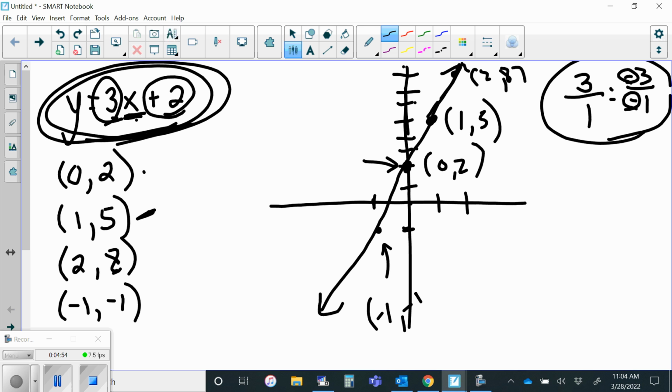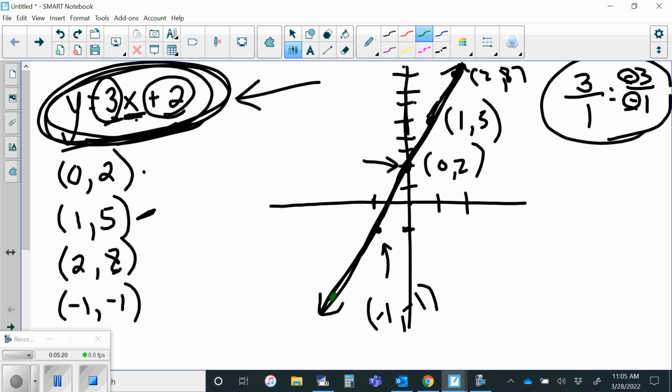What is a graph, ladies and gentlemen? It's a visual representation of all the answers to this equation. This line represents every answer to this equation. In fact, what does that mean?